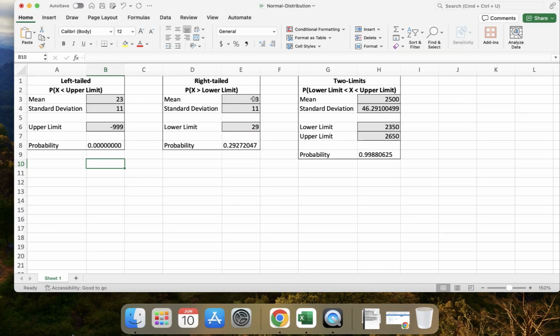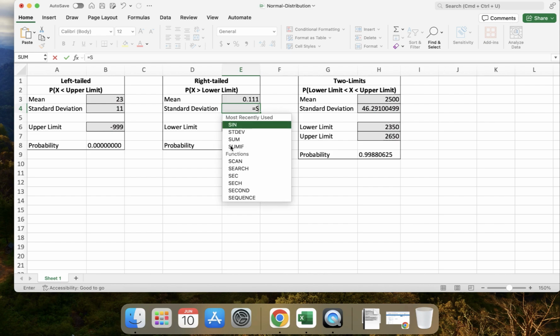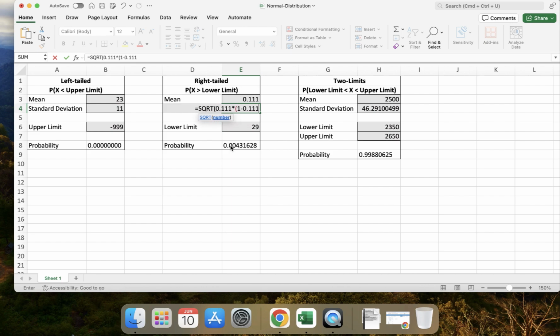Okay, so here we're doing a right tail test. And the mean is 0.111. Standard deviation is this one that we have to plug in. So I'm going to tell you what I'm typing here. It's the square root, SQRT, which you have an equals before that, 0.111 times another left parenthesis, 1 minus 0.111, right parenthesis, a slash for division, type 200, and then close the parentheses.